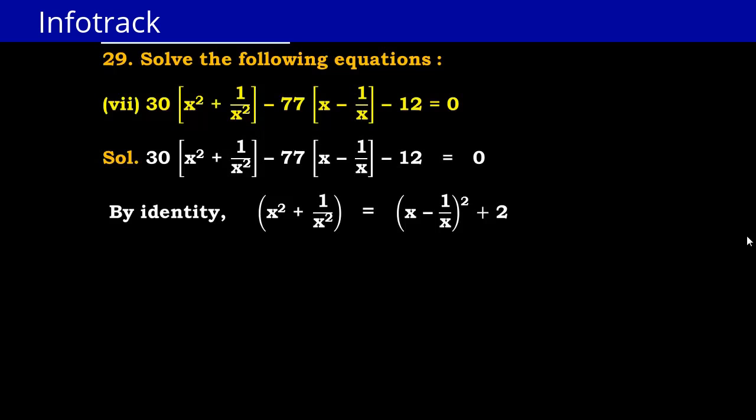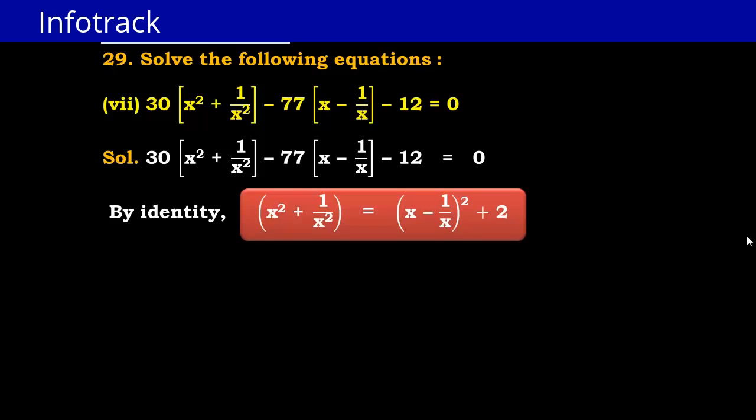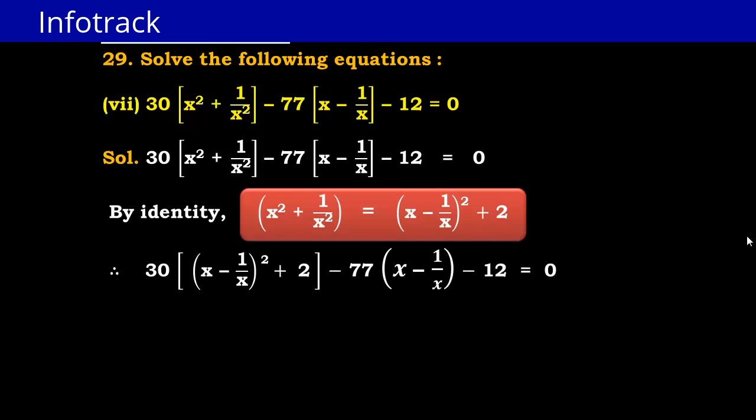Both the terms in bracket will become the same, x minus 1 upon x. So we get 30 into bracket x minus 1 upon x the whole square plus 2, minus 77 into bracket x minus 1 upon x, minus 12 is equal to 0.